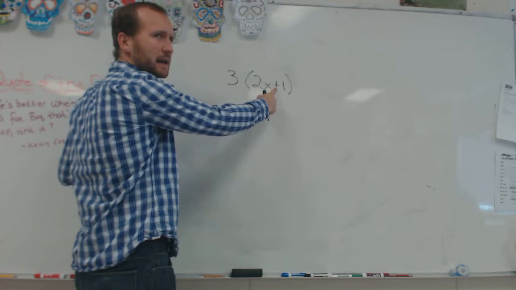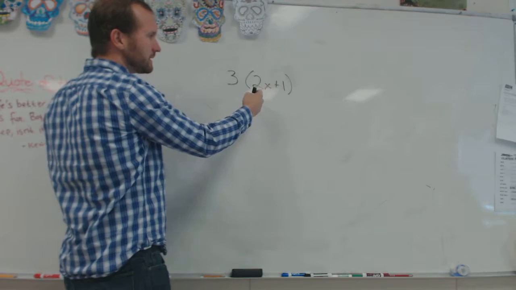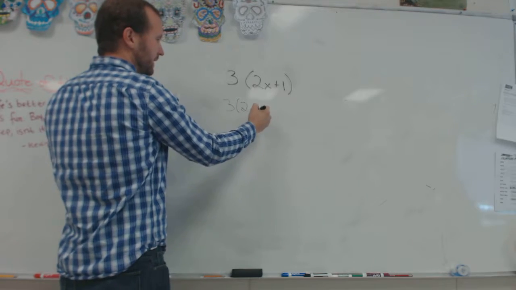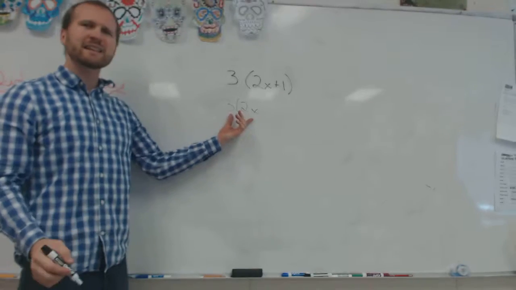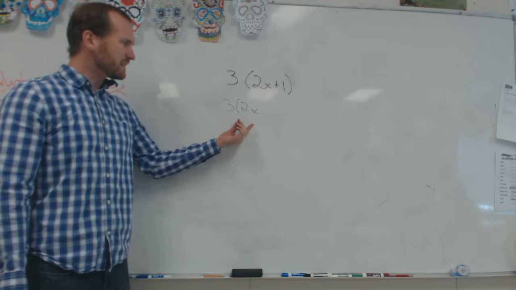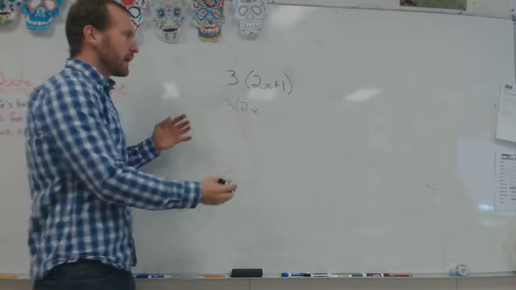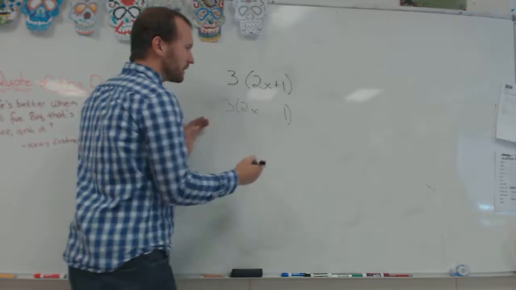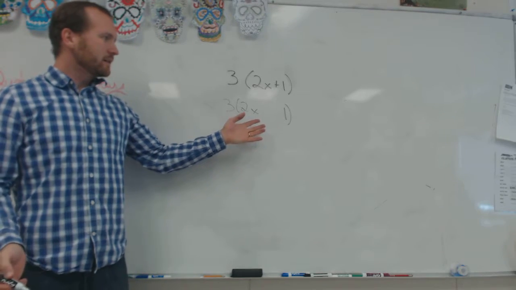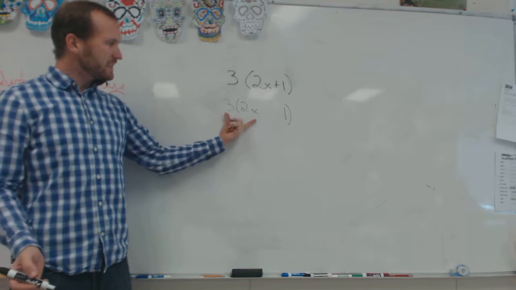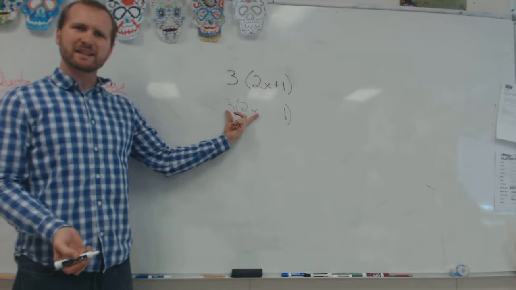There is a plus sign, but it doesn't separate anything, because over here I have 3 parentheses 2x, which doesn't make any sense alone. And neither does 1 closed parentheses. So these are not my terms, because this can't be a term all by itself.